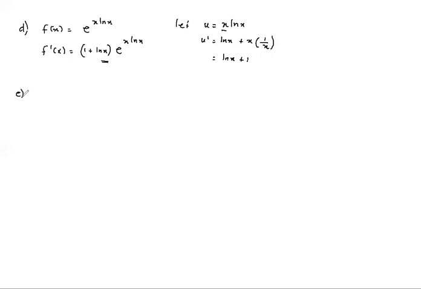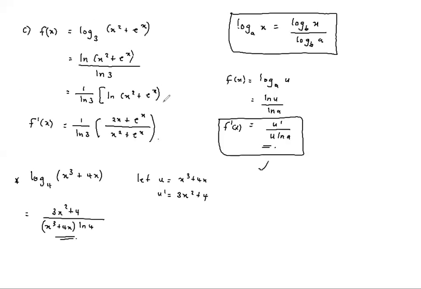Okay, what about E? In E, we have f of x equal to log base 2 of log base 5 of the square root of x squared plus 1. Remember what we generalized here?